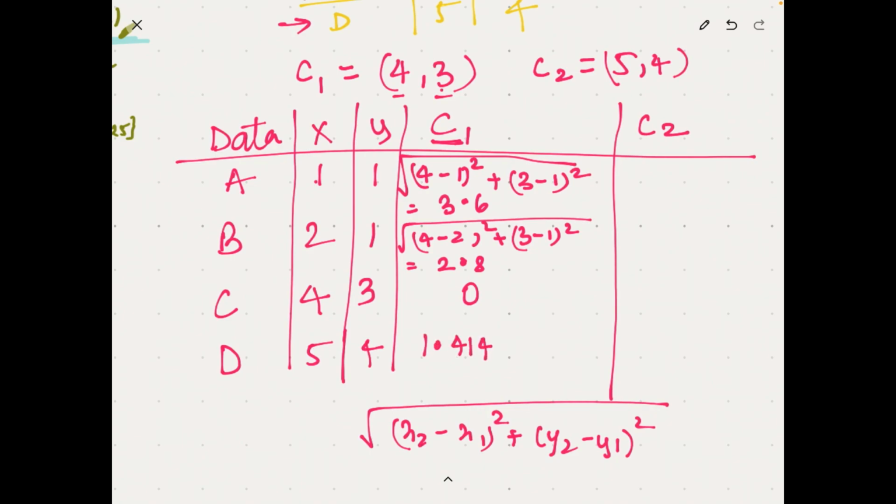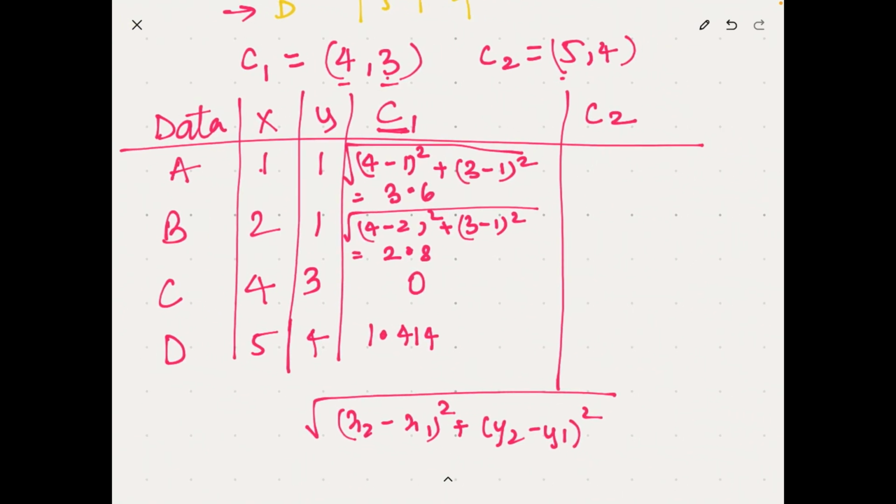We do similar calculations for this value: 5 minus 1 the whole square plus 4 minus 1 the whole square, under root. This gives us 4 square, which is 16, plus 9, which is 25. The root of 25 is 5. Similarly, solving for the remaining problems, this is the solution that I get.